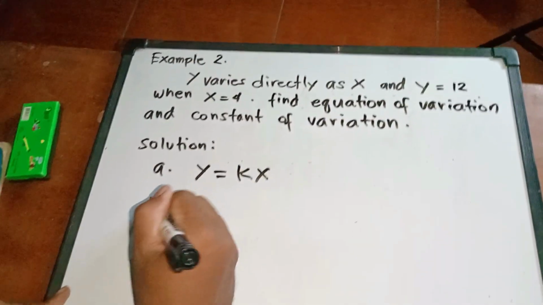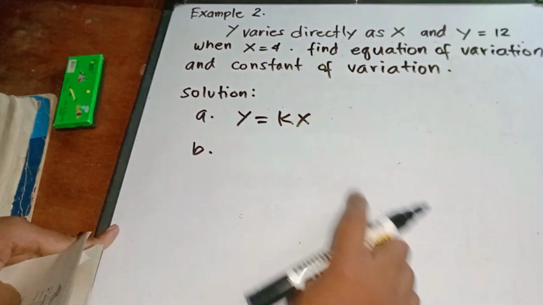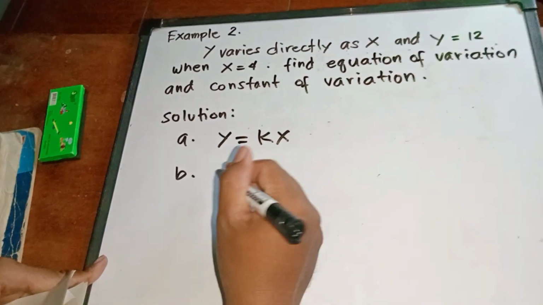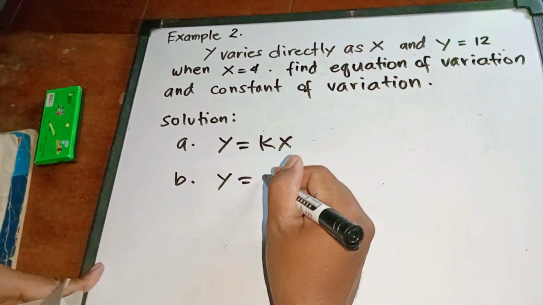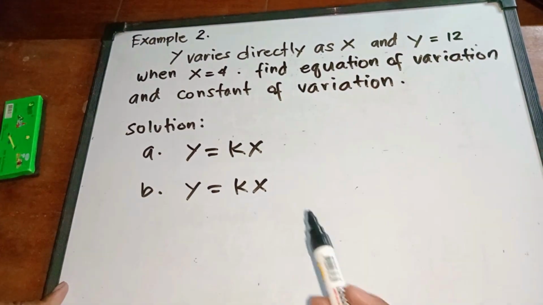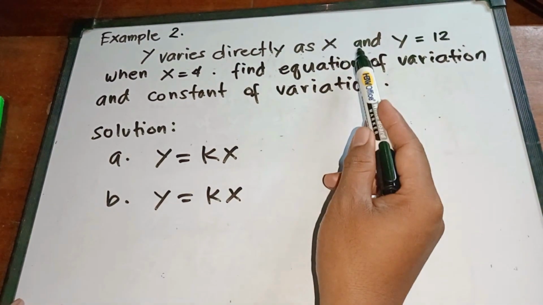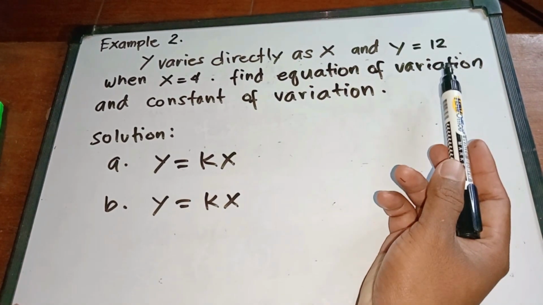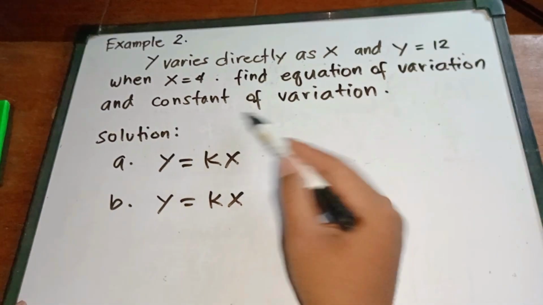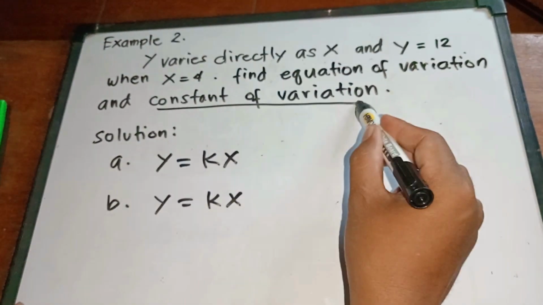Letter B. So, find the constant of variation. So, solution letter B. So, rewrite natin yung equation of variation, y equals kx. So, balik tayo sa example. Sabi, y varies directly as x, and y equals 12 when x equals 4. So, find the constant of variation.